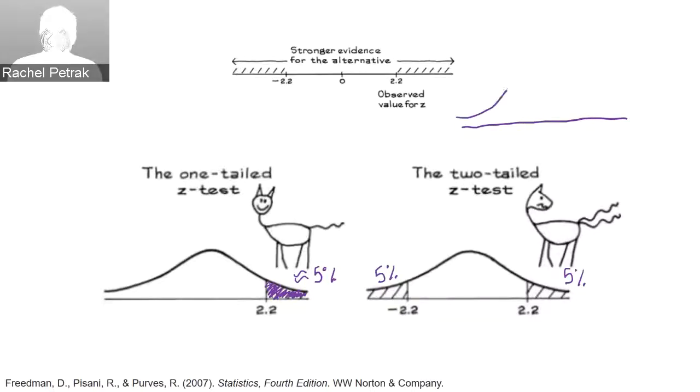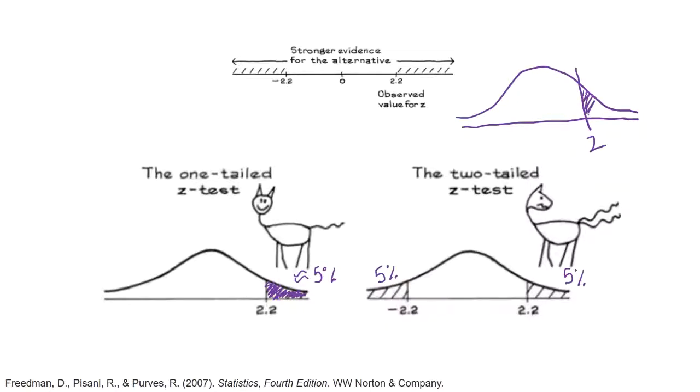So to help you think about this, let's think about just the p level of 5%. When we do a one-tailed test, our 5% is all on one side. We'll just think about a z distribution here, where the z value is 2, and the area to the right of 2 is 5%.